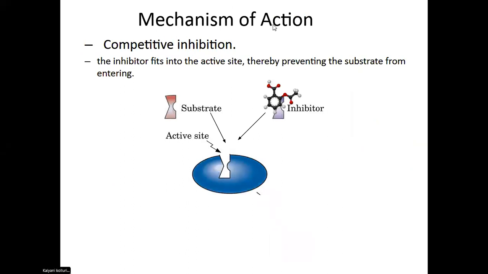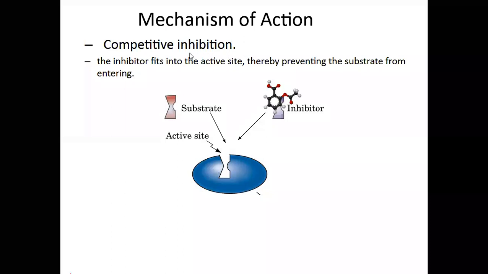And the next mechanism of action is competitive inhibition. See here, an enzyme contains its own active sites, and that active site cannot be changed by the enzyme. The substrate contains the same active site structure.